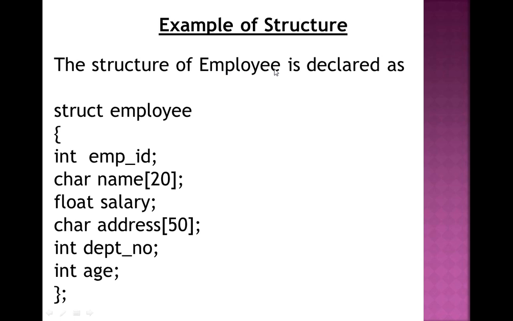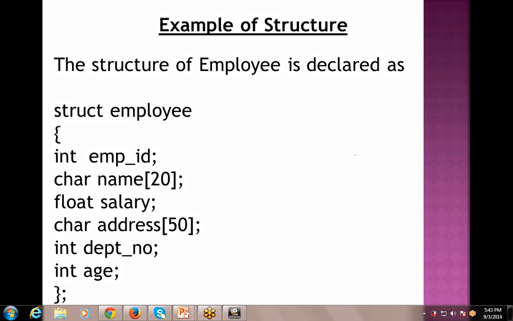This is the example of a structure of employee, that is declared as struct employee. Struct employee means this is a keyword and this is the structure name. Then curly brace start, that uses one variable, that is employee ID, as int, because employee ID is of int type.